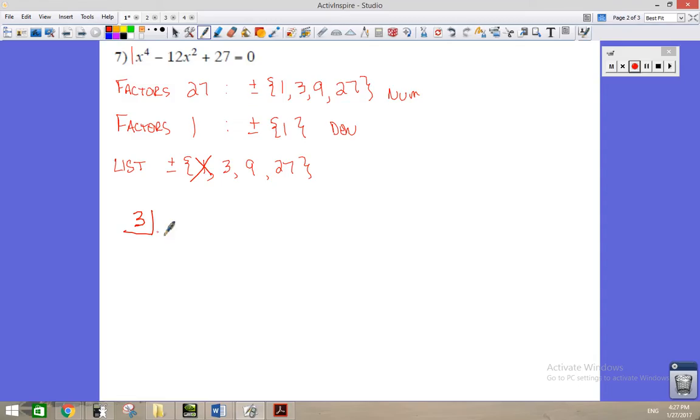So I'm going to do this one with synthetic division. I've got 1x to the 4th term. I don't have any x cubed term, so I need a 0. I have an x squared term. I don't have an x term. And I have a constant term. With these remaining numbers, can I find a 0? It may not exist, but if it does exist, then I'm going to be able to factor this.